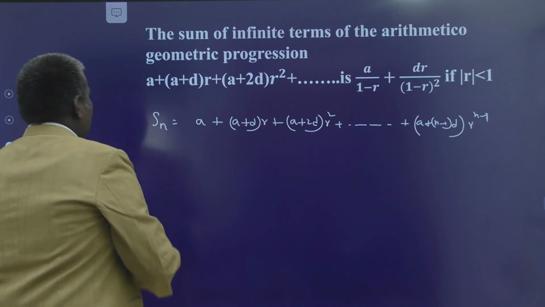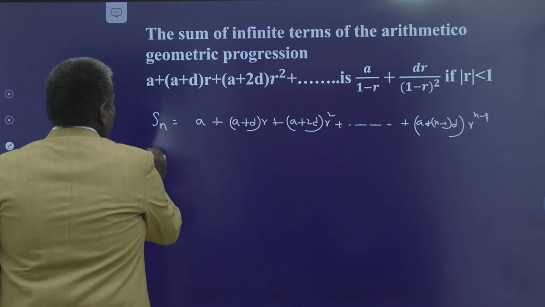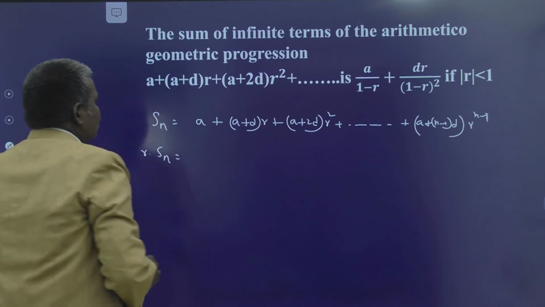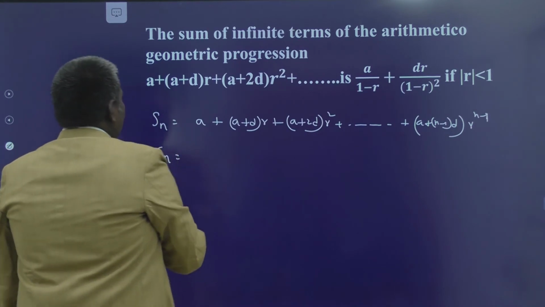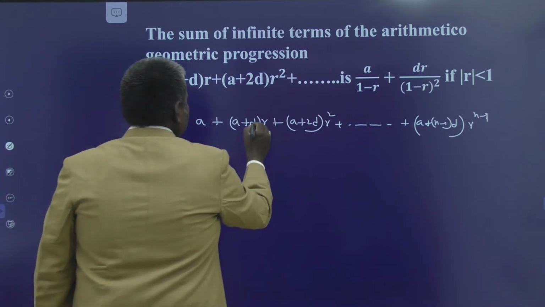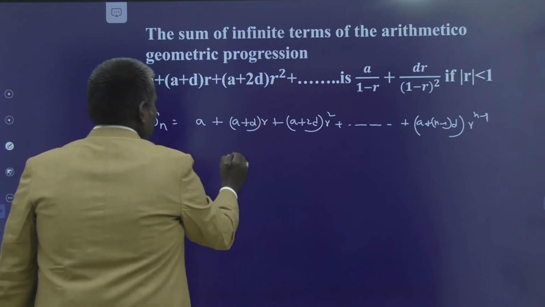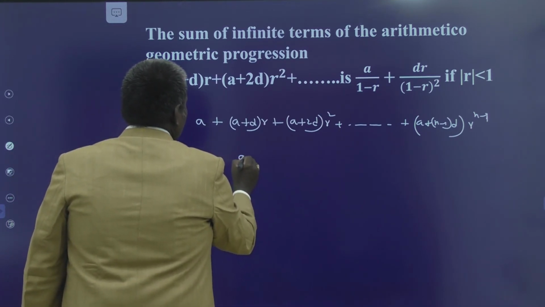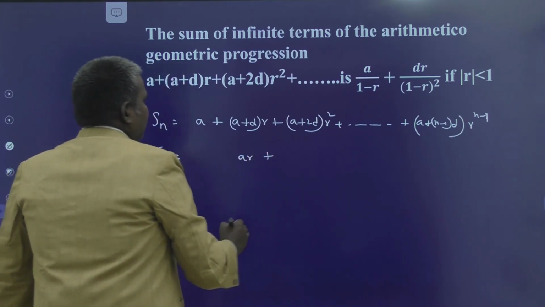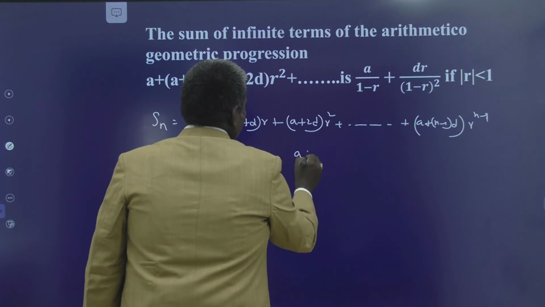Now, multiplied by the common ratio, that is R into Sn, gives what? R into Sn is equals to A into R plus A plus D into R square.